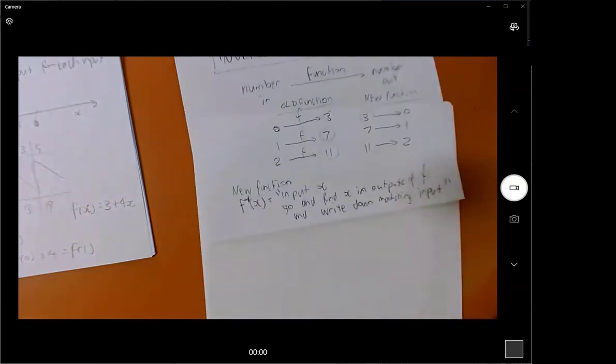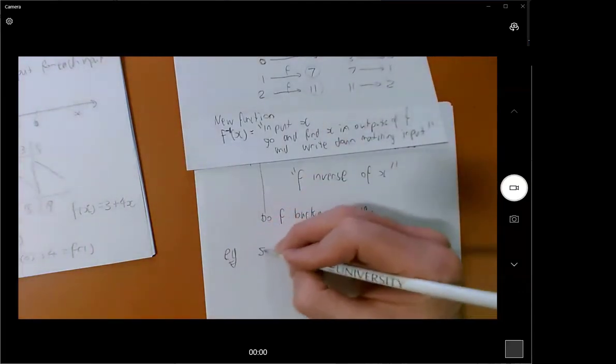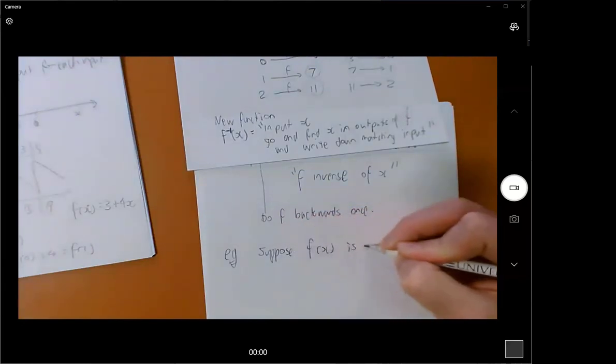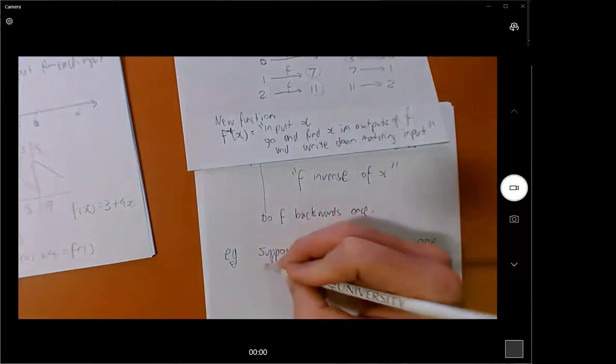So here's the example that you had. Suppose f is a one-to-one function.